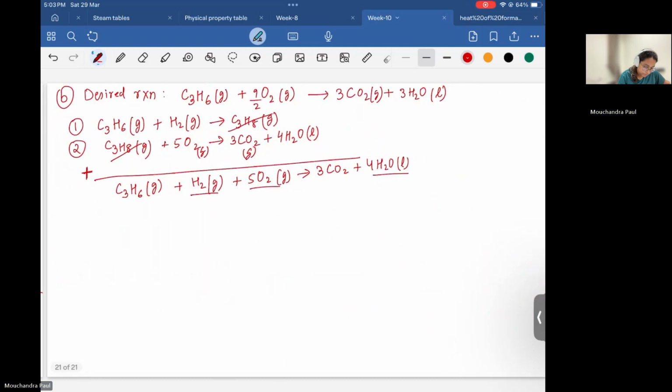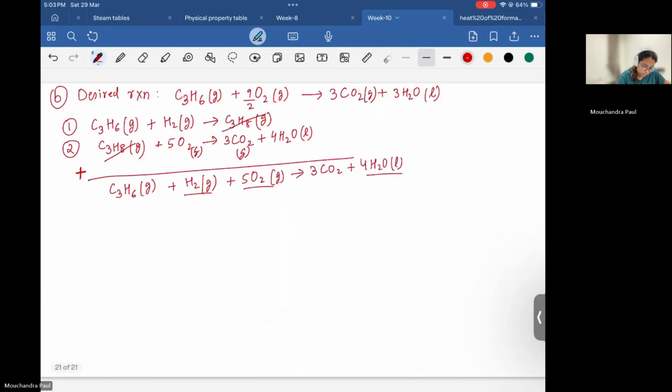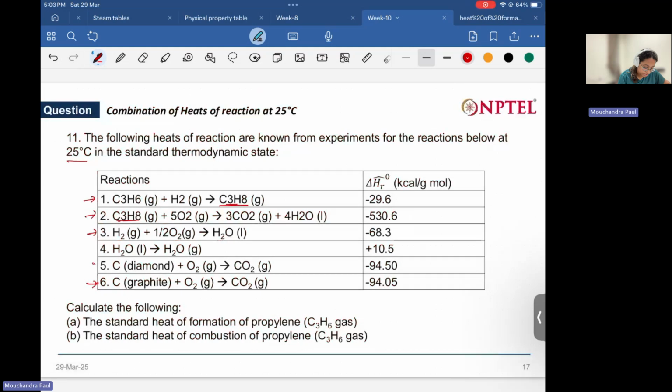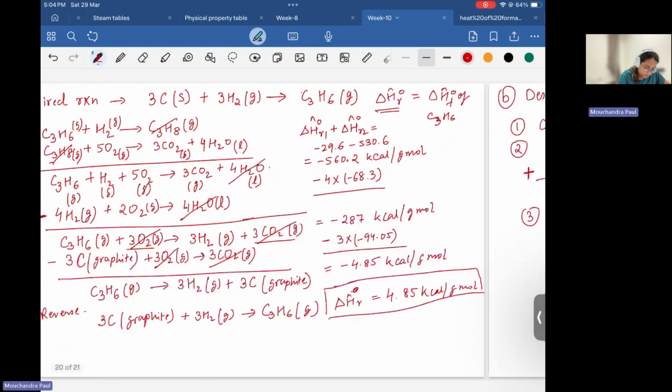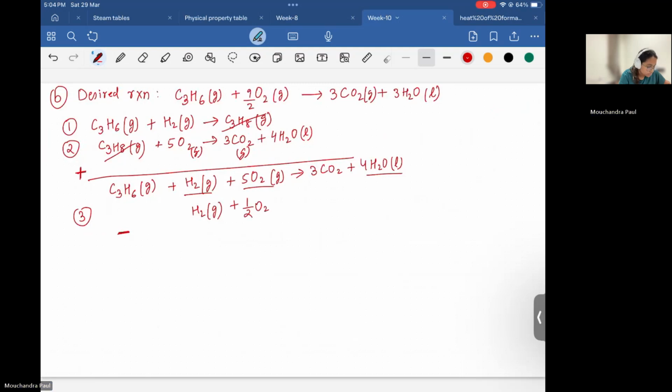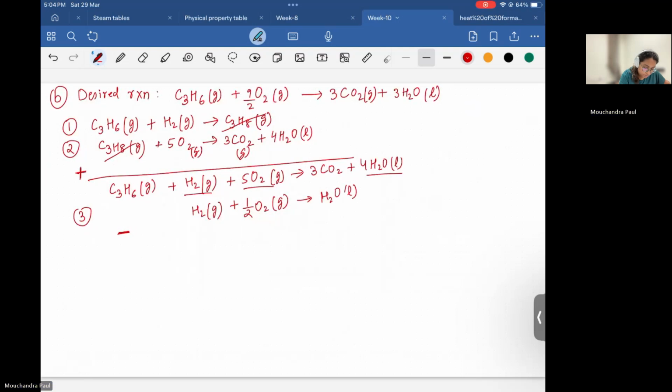If we just subtract expression 3, which is H2 plus half O2 gives H2O, these two will get cancelled.